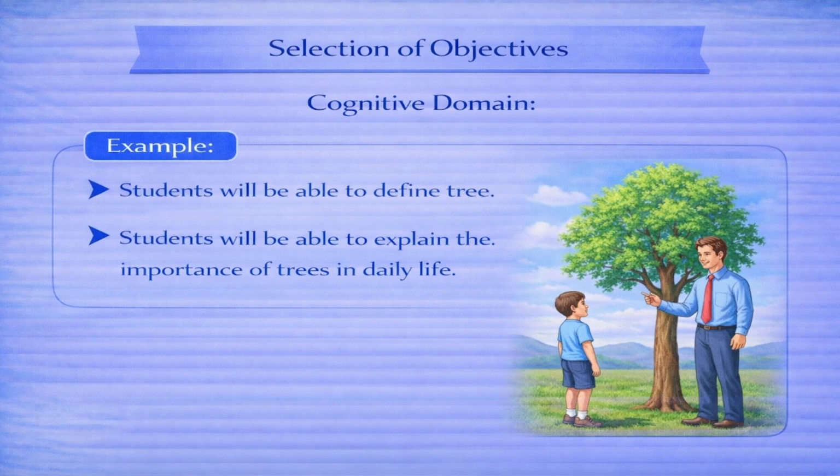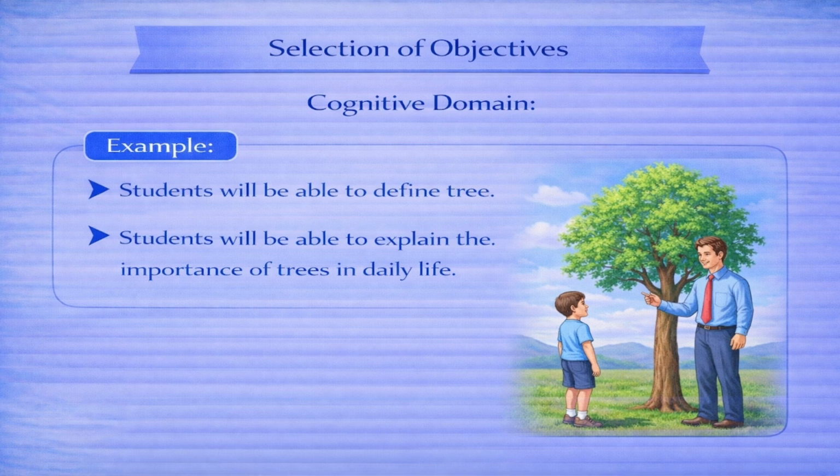Selection of objective based on cognitive domain. The cognitive domain is related to thinking. It develops students' thinking and reasoning skills, including remembering, understanding, and explaining the ideas or concept. In simple words, it deals with mental abilities. For example, objectives based on cognitive domain will be like this.